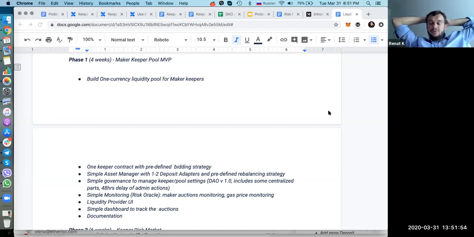And then in the 2 weeks following that, this will be added. And the same thing with the bidding strategy. The one that will be deployed on testnet will be very simple, no expectation that it will actually be profitable, but at least it will be there and working.